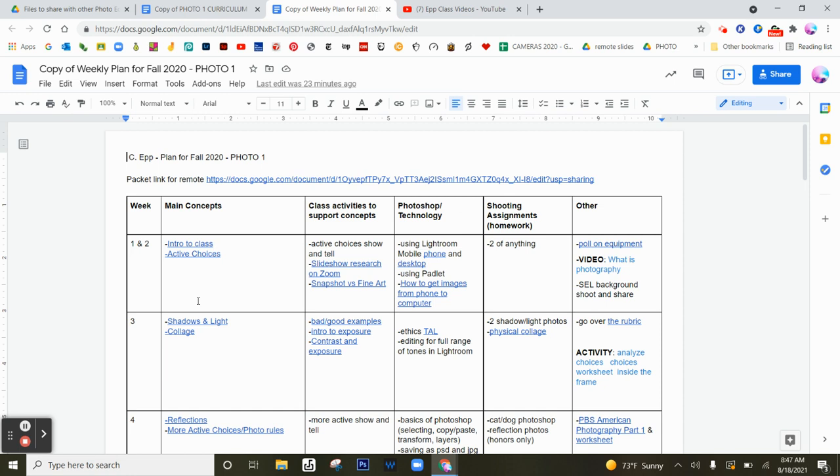Especially since COVID, I have all of my students just use their cell phones. And it is so much easier. My Photo 1 students use phones, while my upper level, my Photo 2, and my AP students use cameras.